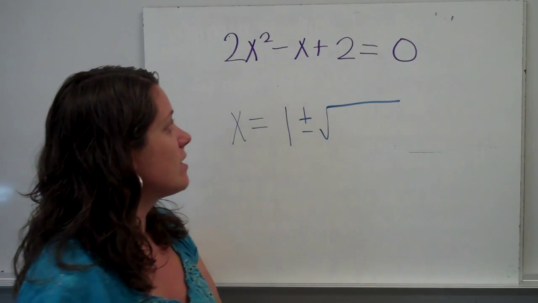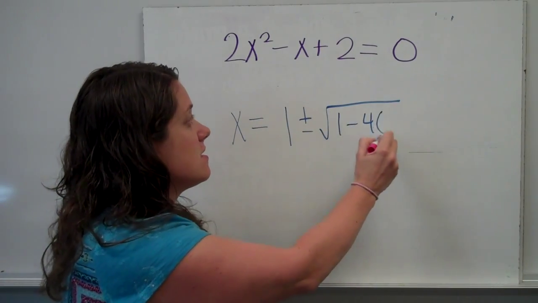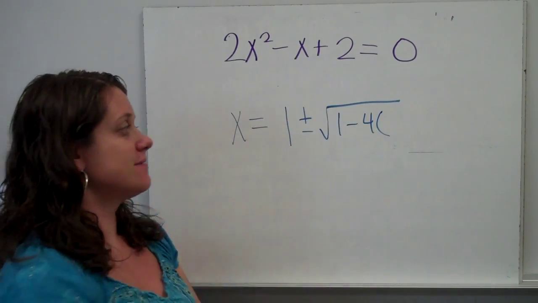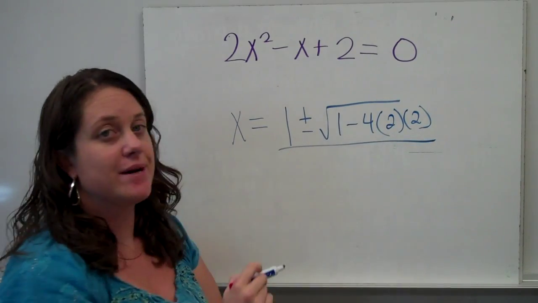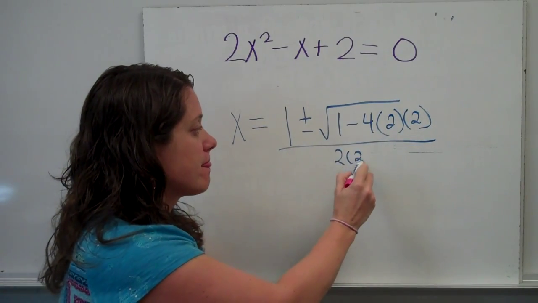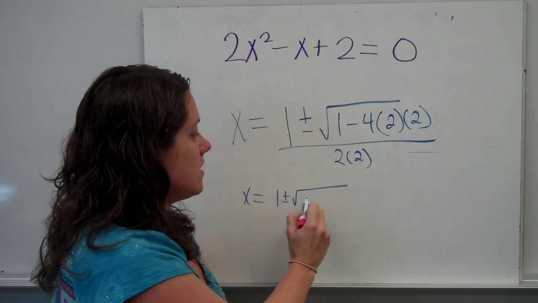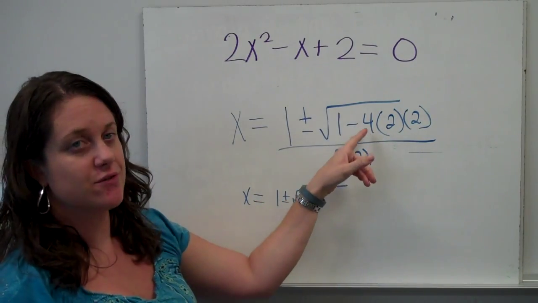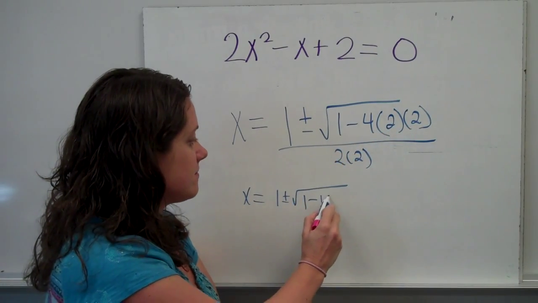Plus or minus the square root of b squared, so 1, minus 4ac, all divided by 2a. So this is going to be 1 minus 4 times 2 is 8, times 2 is 16.